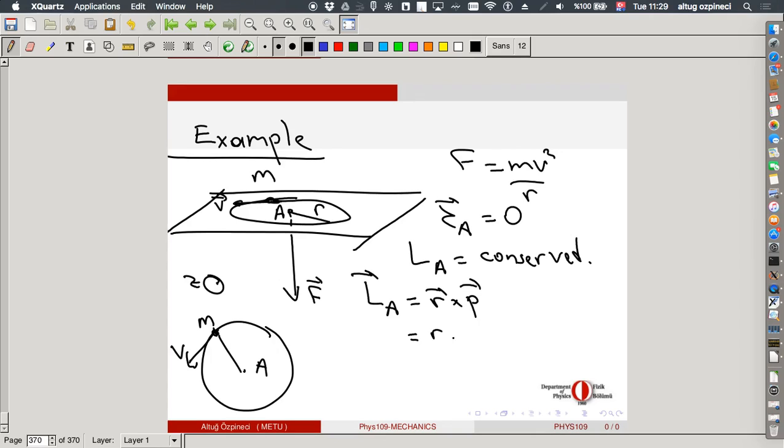It is r times m times v. The angle between the two is 90 degrees, and its direction is plus. So this just tells me that v times r is equal to a constant.